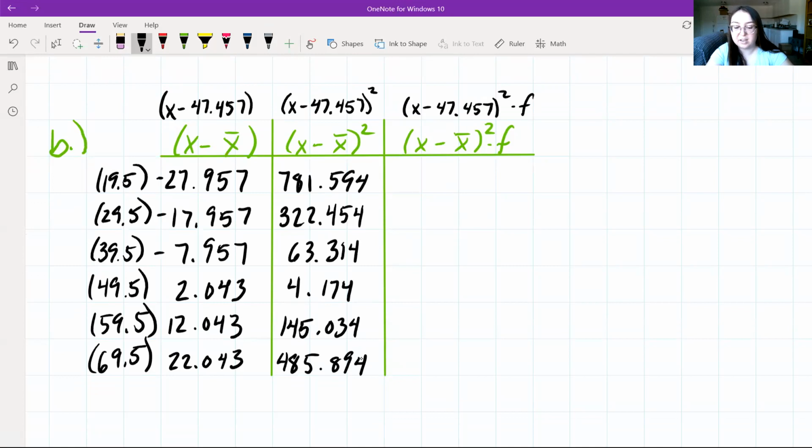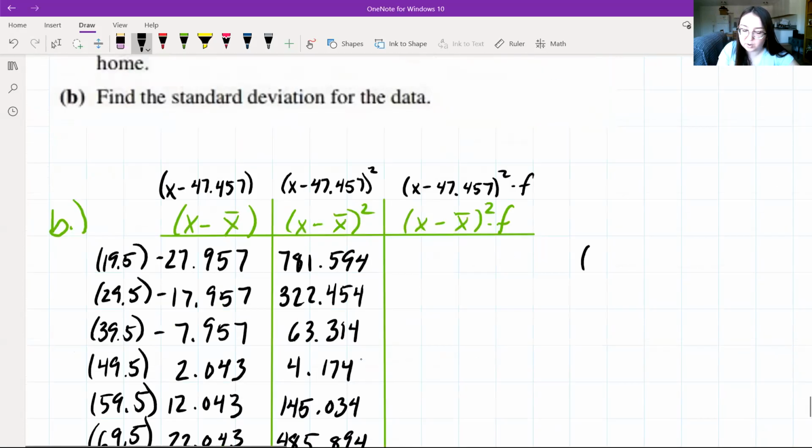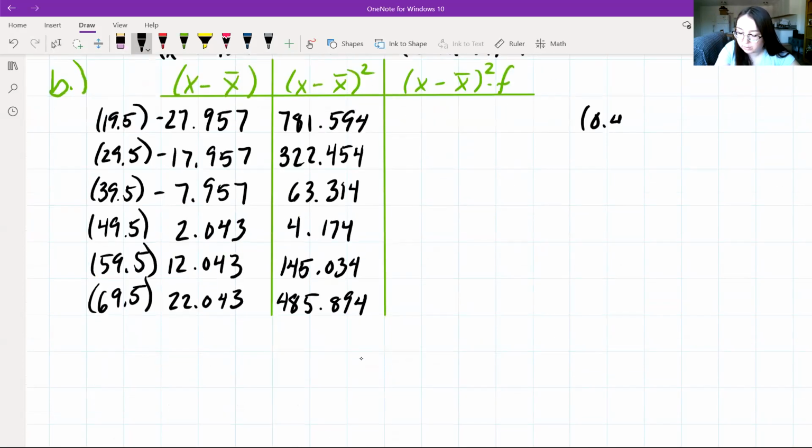Now we want to take our squared deviations from our mean and multiply by our frequency. So, all right, the frequency over here. Remember, our frequency for 19.5 was 0.4. Our frequency for 29.5 was 1.3.